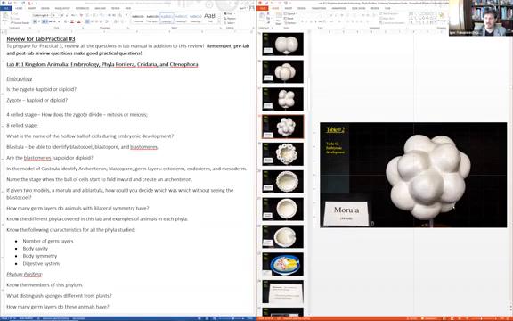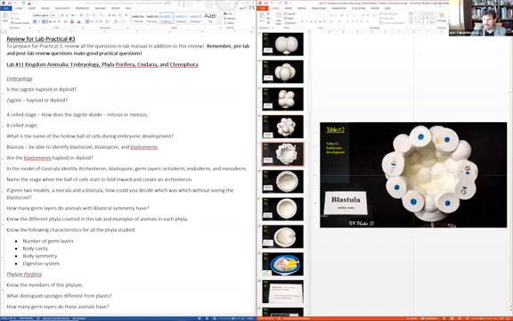Over 16, probably 32, 64, that's most likely a blastula. You're just counting the cells. And of course, on the lab practical, you'll see the blastula actually shows the blastocoel. So easy.